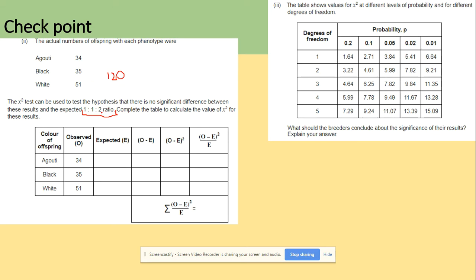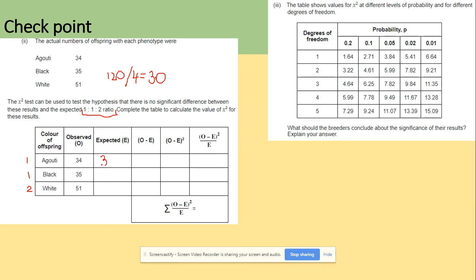Then we're using our ratio. So the ratio would be as 1 to 1 to 2. So in total, we've got to divide this by 4. Okay, because we've got 1, 1, and 2. So divided by 4, it will be 30. Okay, so agouti stands as 1, black as 1, white as 2 in terms of the ratio.